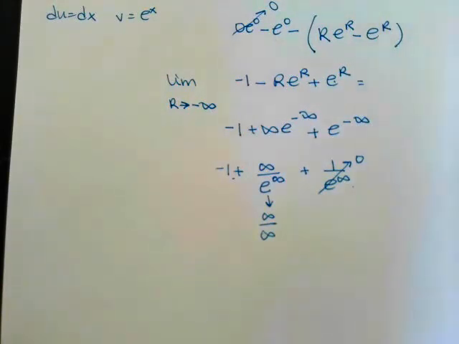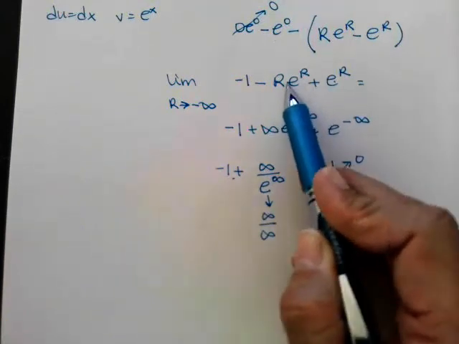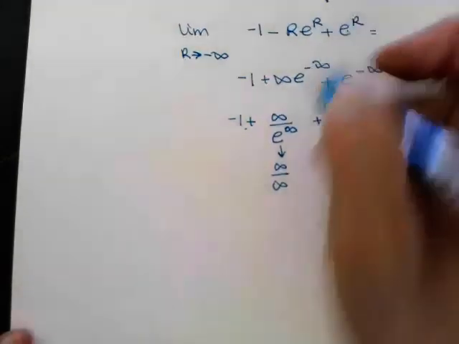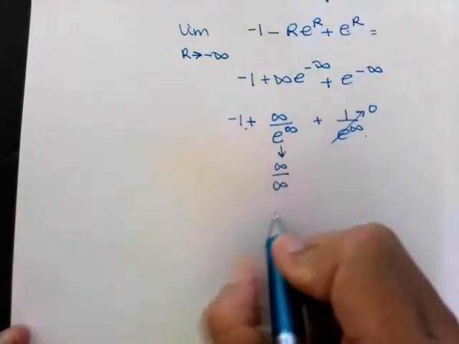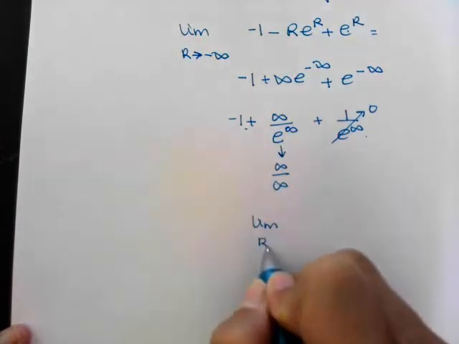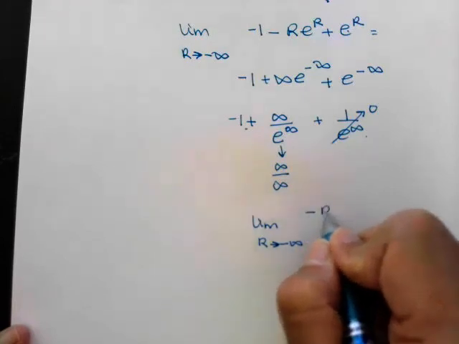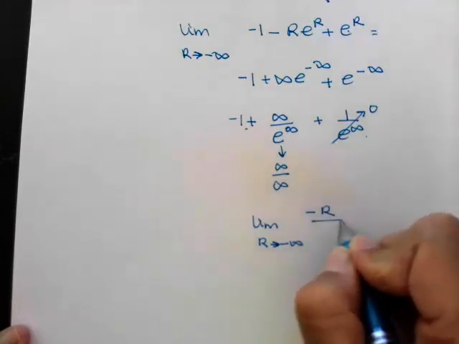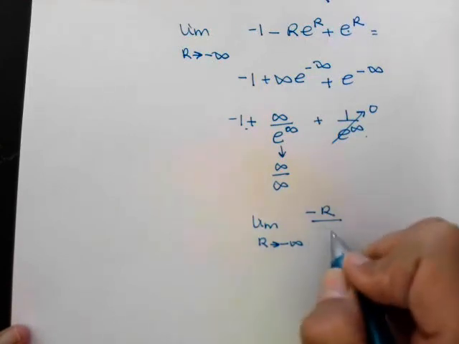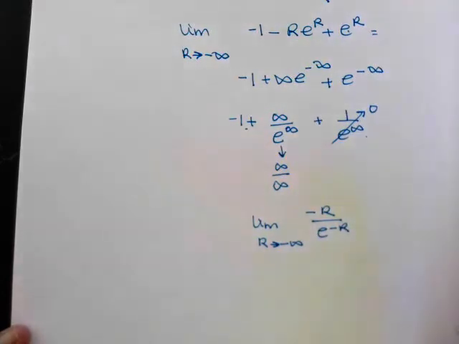So I'm going to rewrite that guy as, I'm just working on that middle term now, the limit as r goes to negative infinity of negative r over e to the negative r.